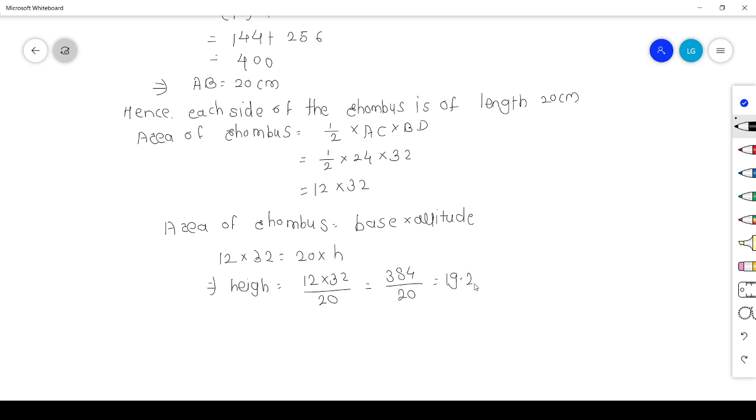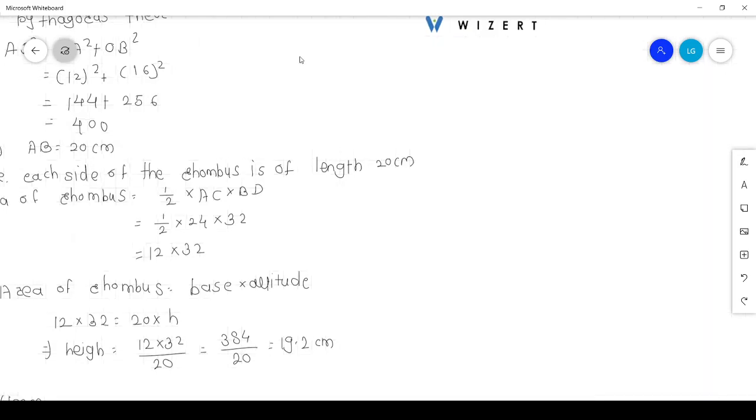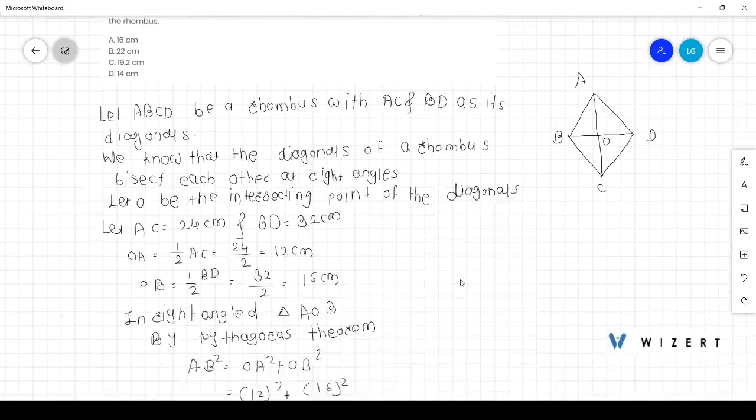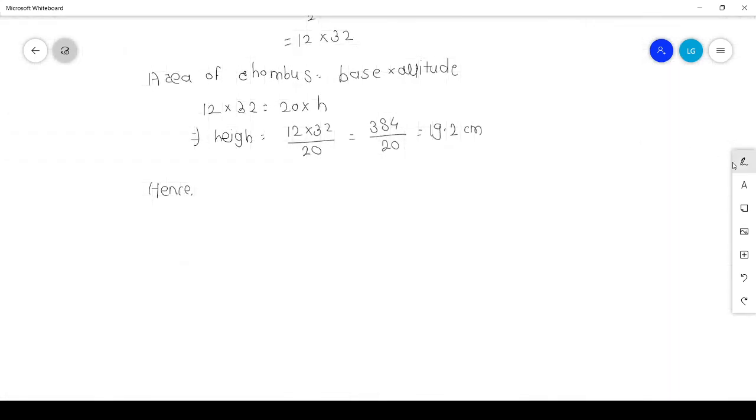So, it is 19.2 centimeters. Hence, the length of altitude of the rhombus is 19.2 centimeters.